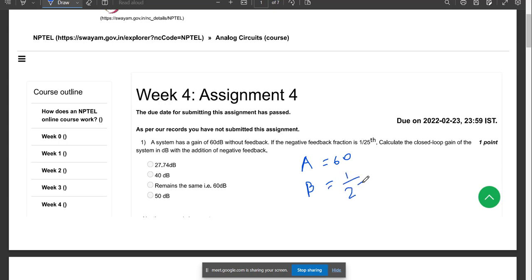Now it's asking to calculate the closed loop gain of the system in dB with the addition of negative feedback. So we have to find out A upon 1 plus A beta. I'm giving you 2 minutes to try to solve this question, and then we'll discuss its solution.